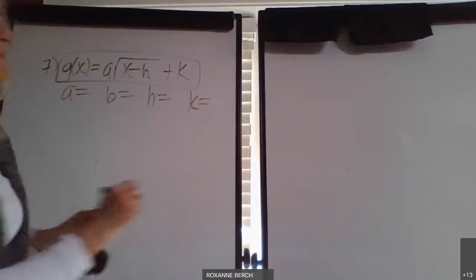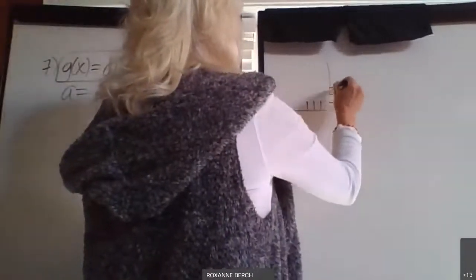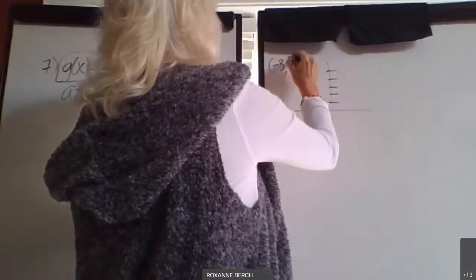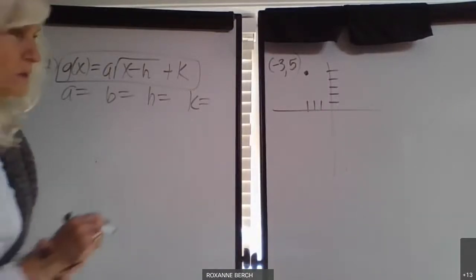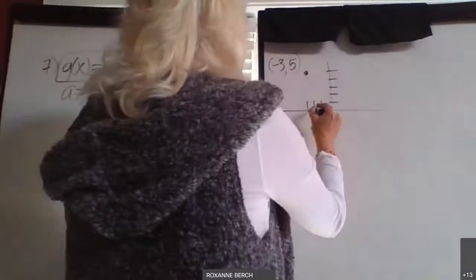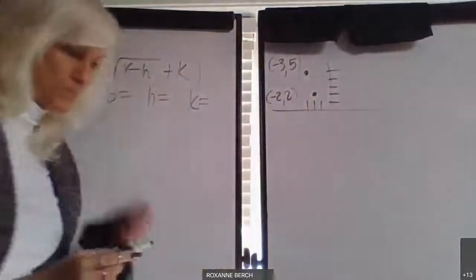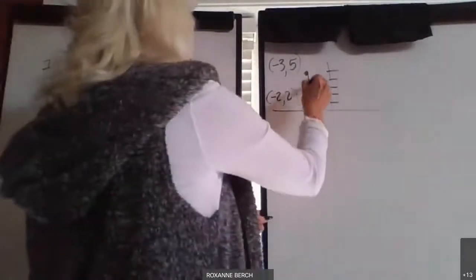So the graph is left 3, up 5. And the other point is left 2, up 2. And this graph is falling.